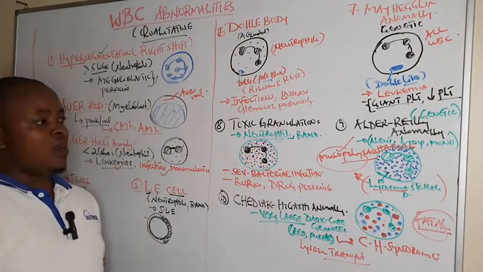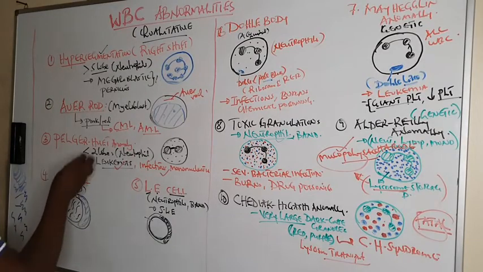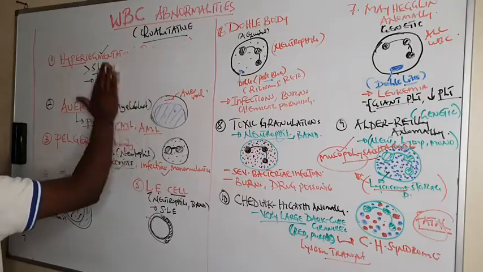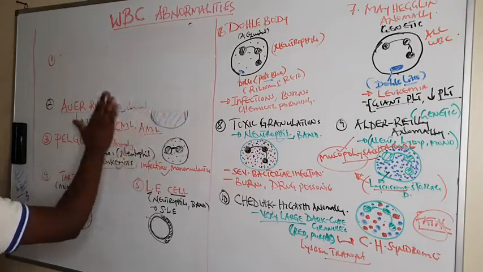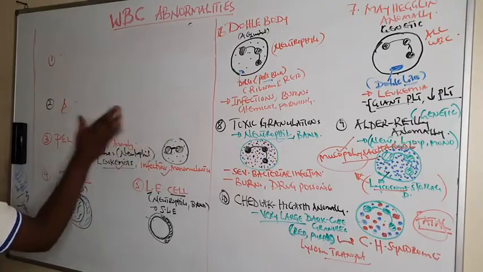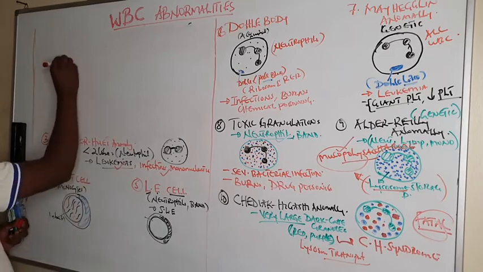Then another abnormality we are going to discuss as we are winding up with our session is the drumstick. We are going to have an anomaly known as drumstick, which is going to be number 11.